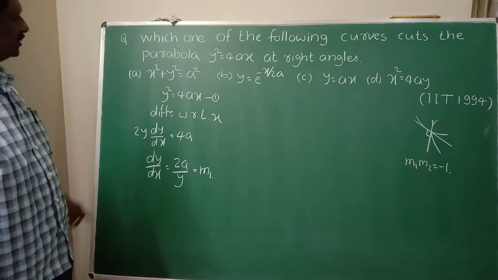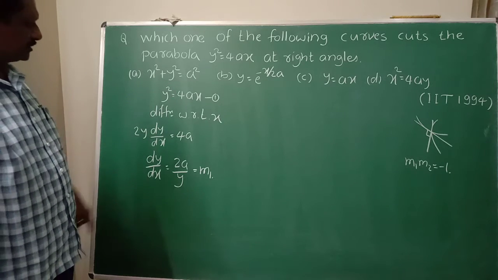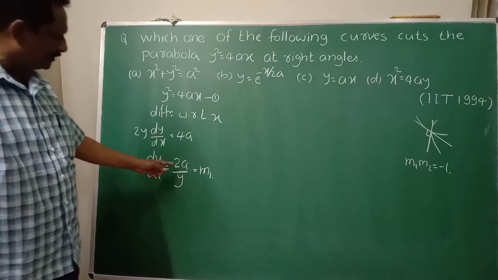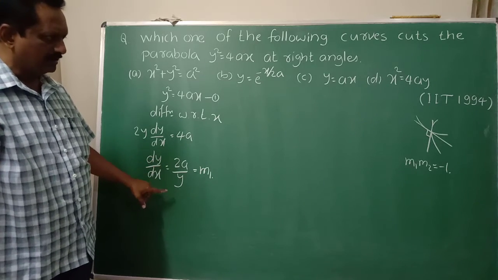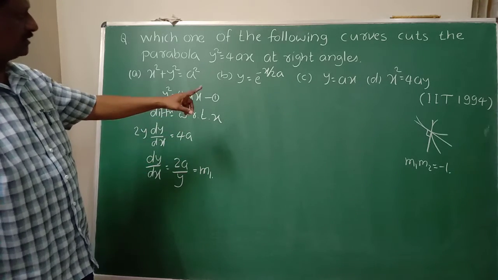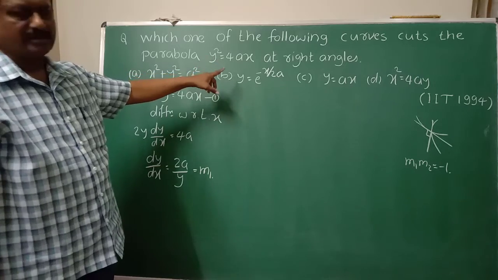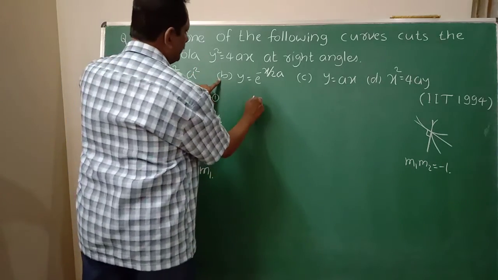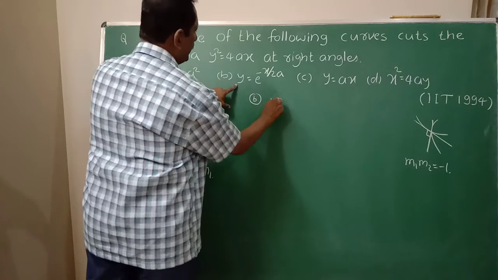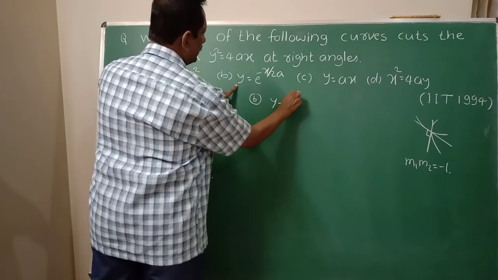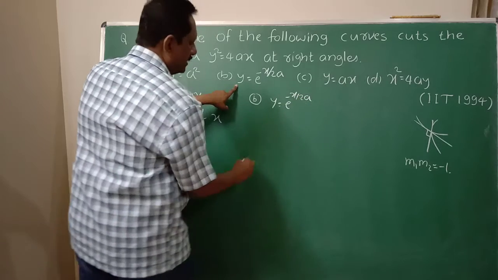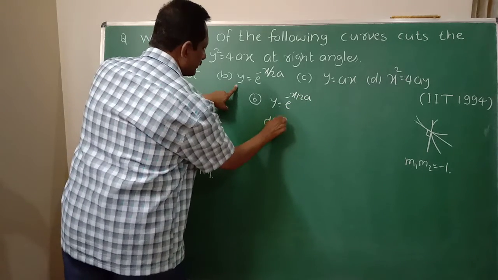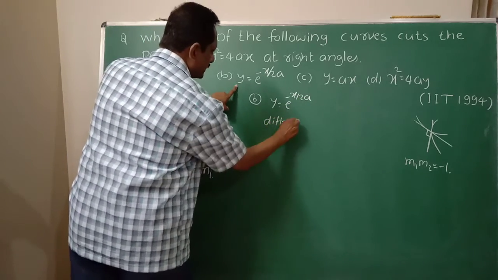Now you check the options one by one. Whichever has a slope of minus y upon 2a, that curve and this parabola cut each other at right angles. Obviously the second option. If you take the second option, y is equal to e raised to minus x divided by 2a, then differentiate with respect to x.